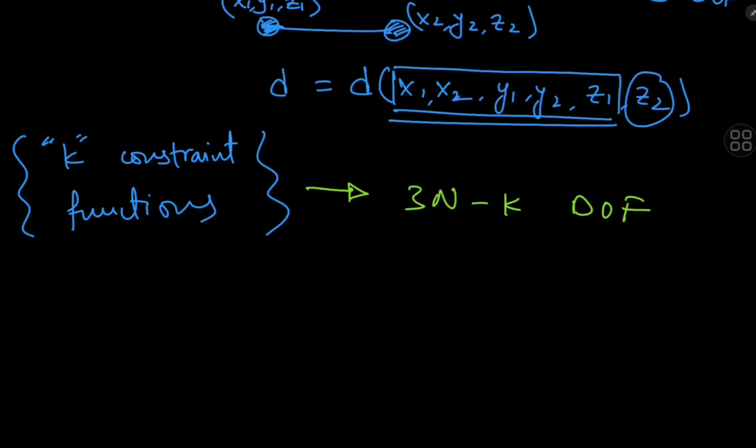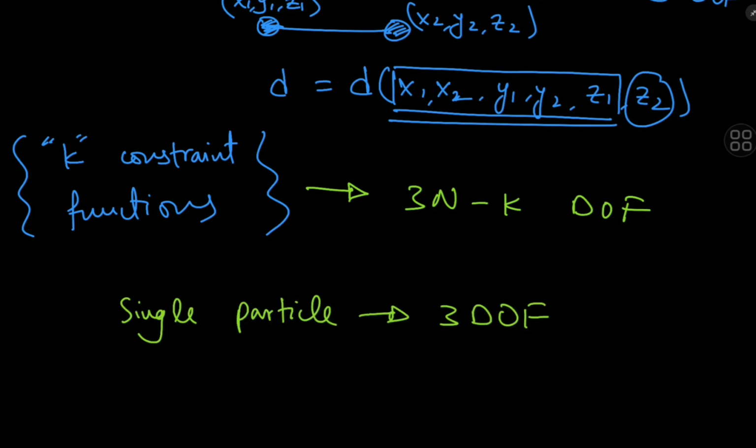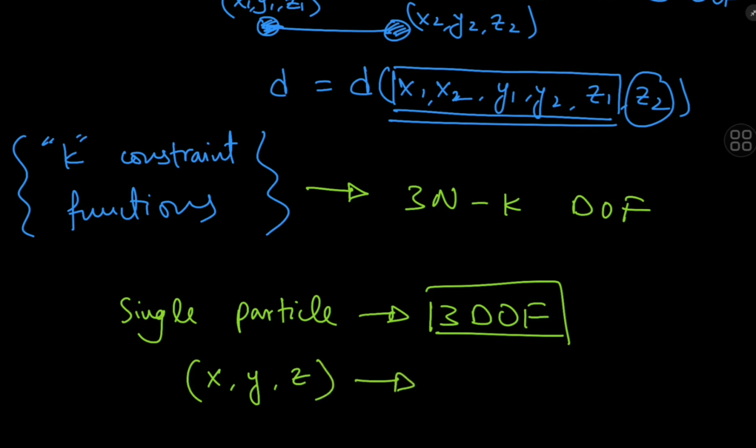For example, assume you have a single particle. A single particle has 3 degrees of freedom, and they can be represented in terms of the coordinates x, y, and z in Cartesian coordinates, or we could switch to polar coordinates and describe the particle's position using the variables r, theta, and phi. In both cases, we see that we have 3 degrees of freedom.